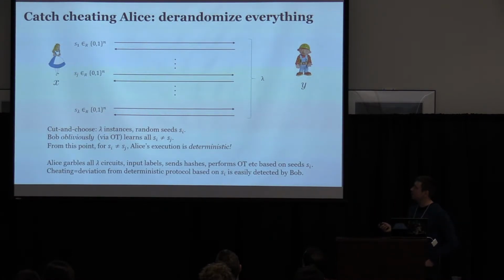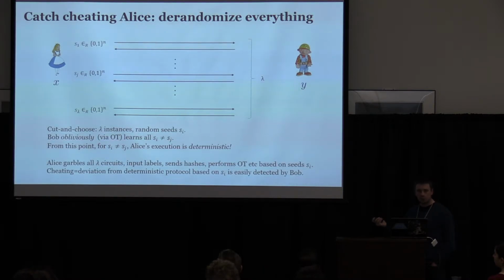We're basing it on cut and choose, and Alice has lambda instances. What we're going to do is, obliviously via OT, allow Bob to learn all of the seeds Si that Alice uses in building her protocol messages, except for one. The one that we don't learn is going to be used for evaluation. Suppose we are at this stage, and I'm not insisting on signatures yet.